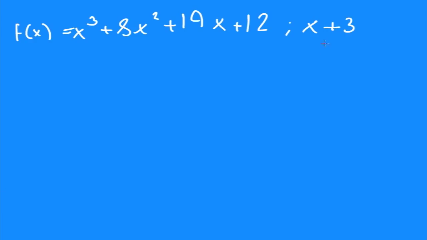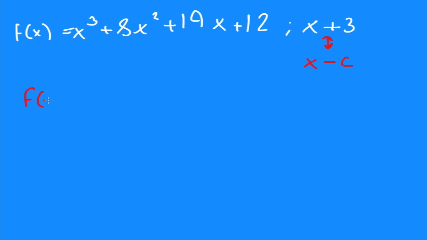So we know that x plus 3 equals x minus c, right? What you're going to do is evaluate your function at the number c. Plus times minus gives you a minus, so your c is minus 3.